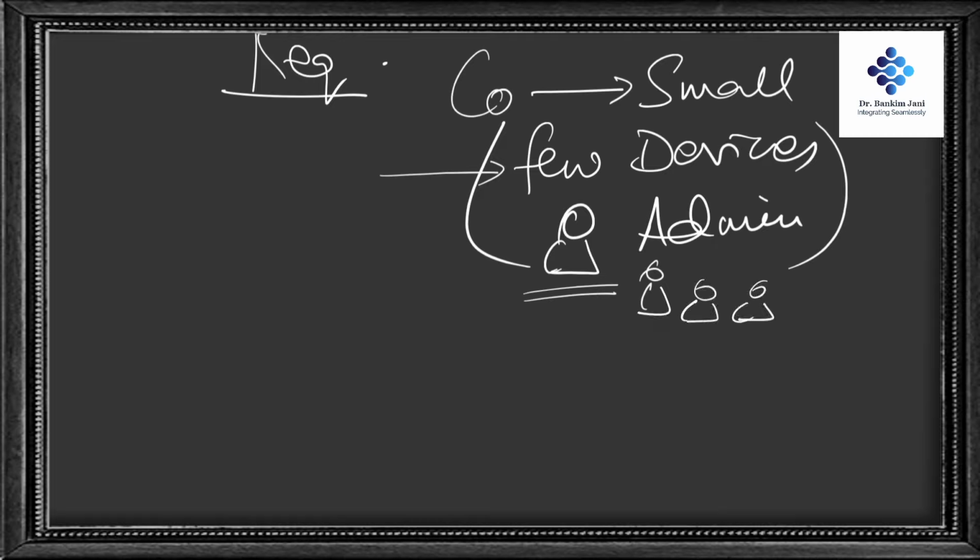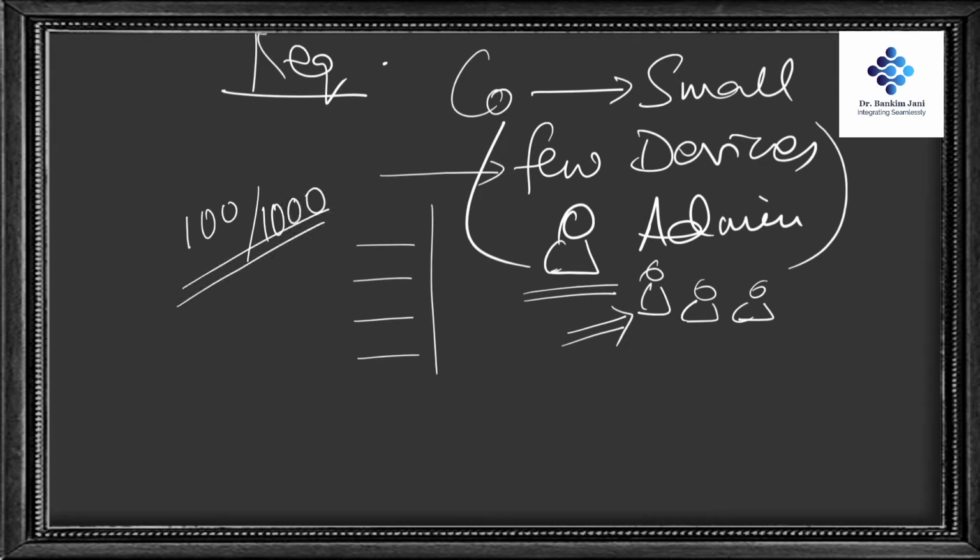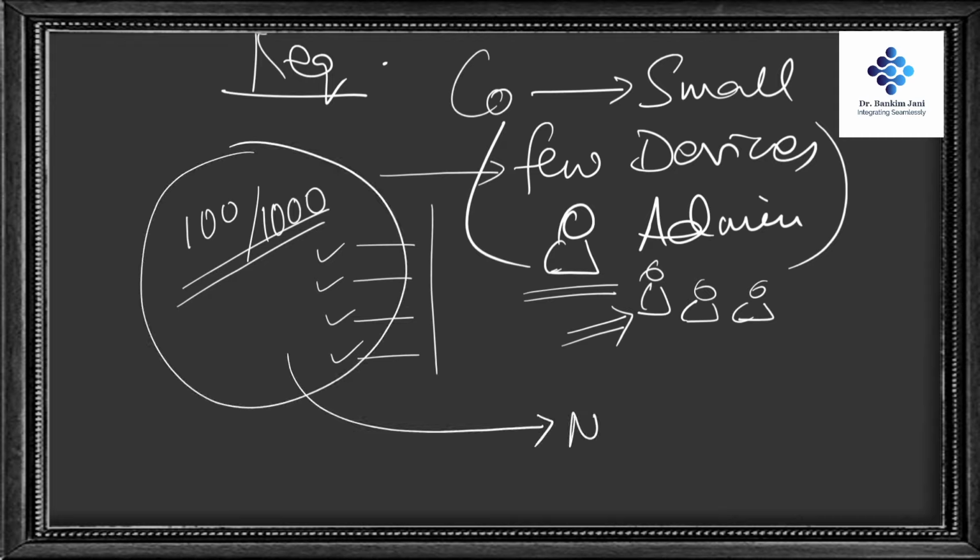Now as number of admins increase, someone has made change at some point of time, and if he misses documenting it or telling anyone that these changes have been made, and these things keep on happening in spite of all the strict rules that yes, there has to be a standard configuration, etc. But this thing goes as number of devices go from few to hundreds, to thousands, and as the admins keep on increasing, there comes in fact a real necessity that there has to be a very standard system which should be able to handle all these troubles.